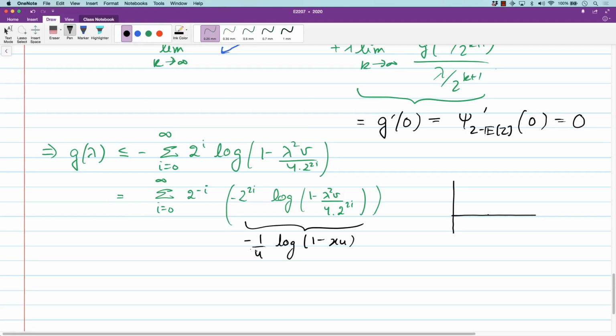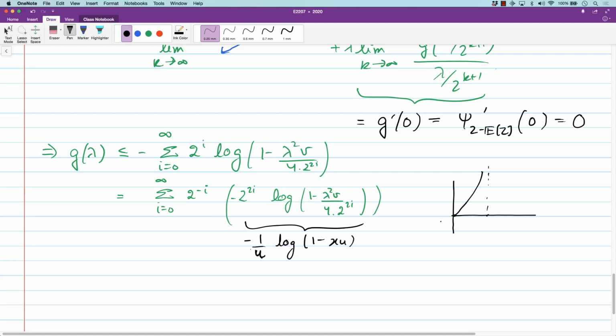At x equal to 0, this is 0, and at x equal to 1, this is infinity. So minus of that looks like this. That's what this function looks like.